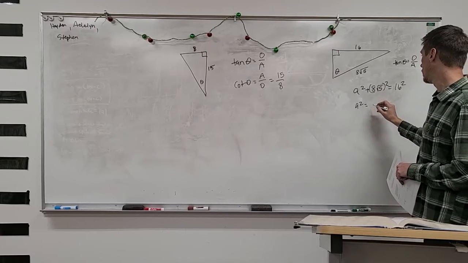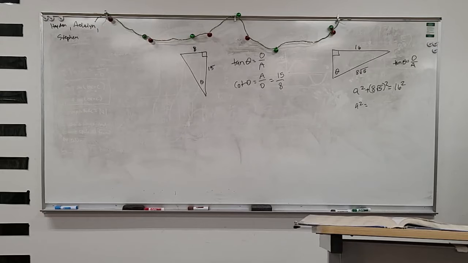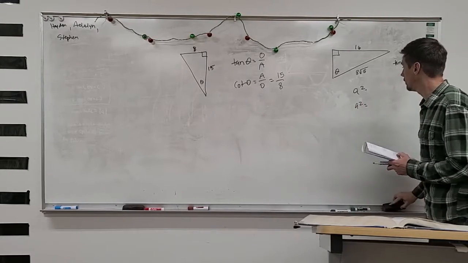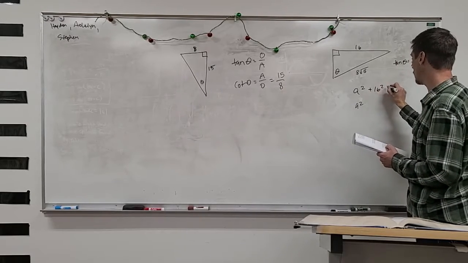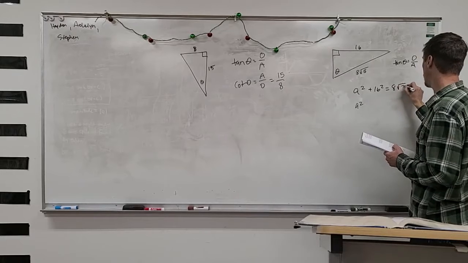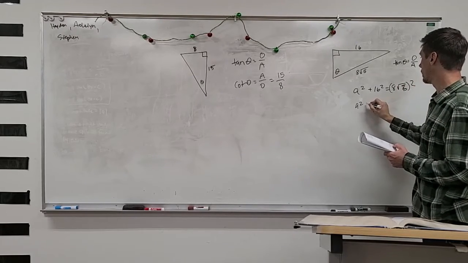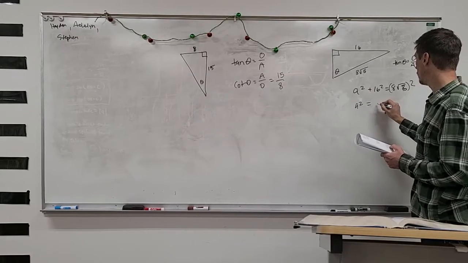Isn't the hypotenuse c, which is 8 square root of 5? It is. Oh, I'm sorry, I did it backwards. Thank you. So a squared plus 16 squared equals 8 square root of 5 squared. So a squared is going to equal, what is this?